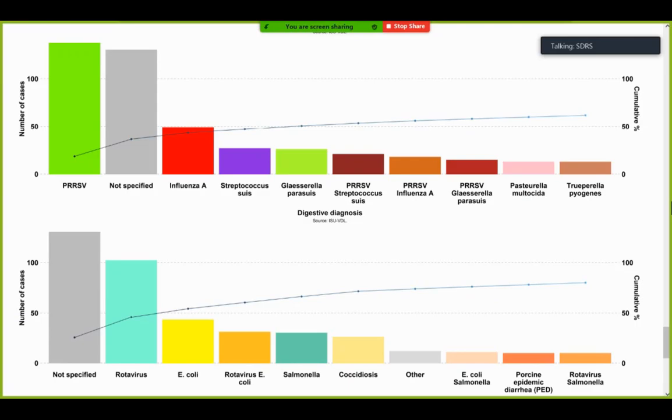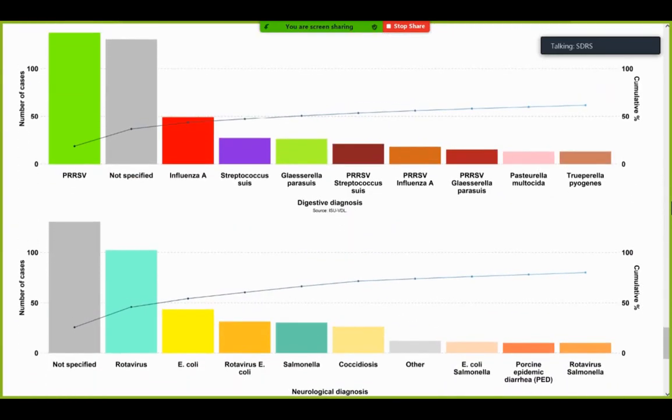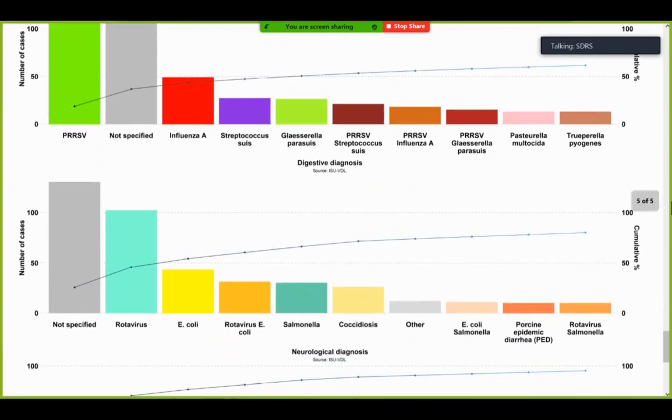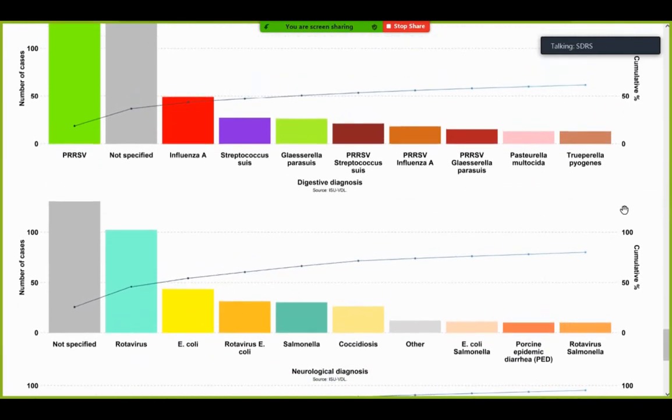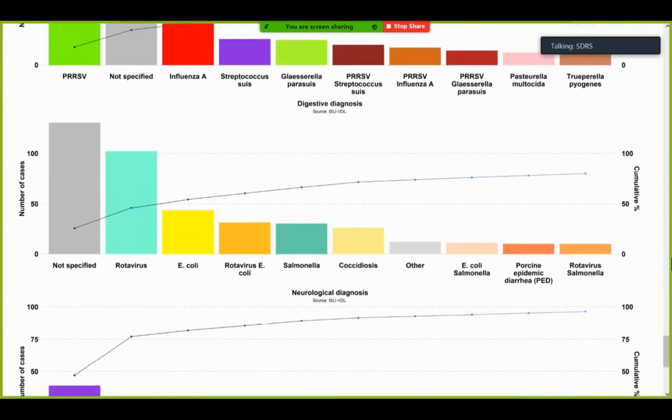Well, during June and July, the number of diagnoses for respiratory, digestive, and neurological diagnosis was within the expected. We had an increase in the number of diagnoses for coccidiosis under the digestive system, but that is not a lot of cases, so it's a signal that comes out and we will continue to monitor this agent closely.